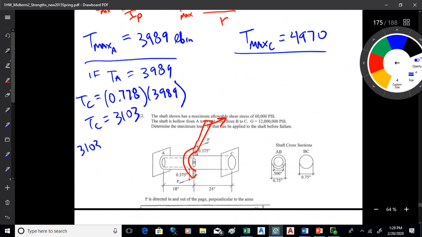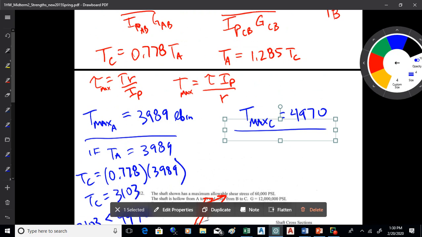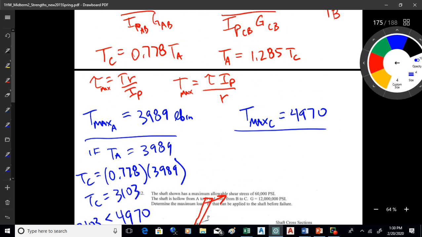Now, 3103 is less than 4970. So that's okay, all right? I can push A all the way out to 3989, and if I do that, C will still be within the limits. It'll still be less than the 4970. And if the torsion at C is less than that, that means the shear at C is less than the 60,000. It's kind of the chain there, okay?